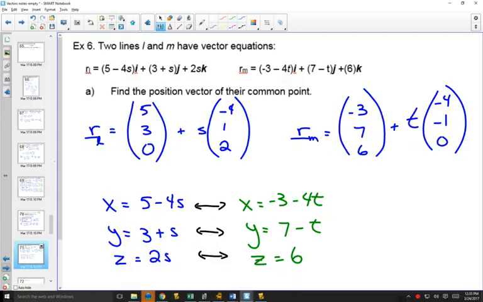Now, in this situation, there's going to be one variable that's the easiest to solve for. Looking at your equations, what can you tell right away? s is going to be 3. This is an easier one because we can right away tell that s is equal to 3.